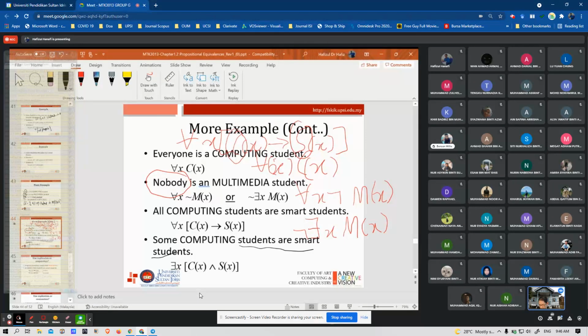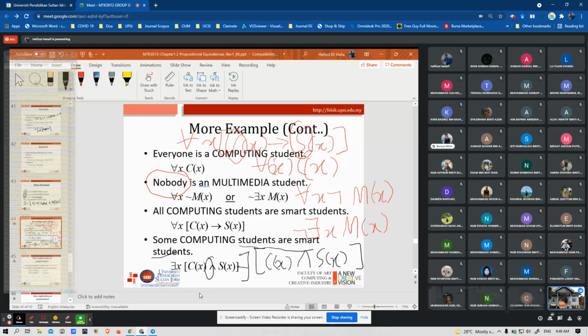That means you need to combine with the and operation, a compound statement. Cx is computing and Sx is smart, and then existential x. Okay, this one is for the example.